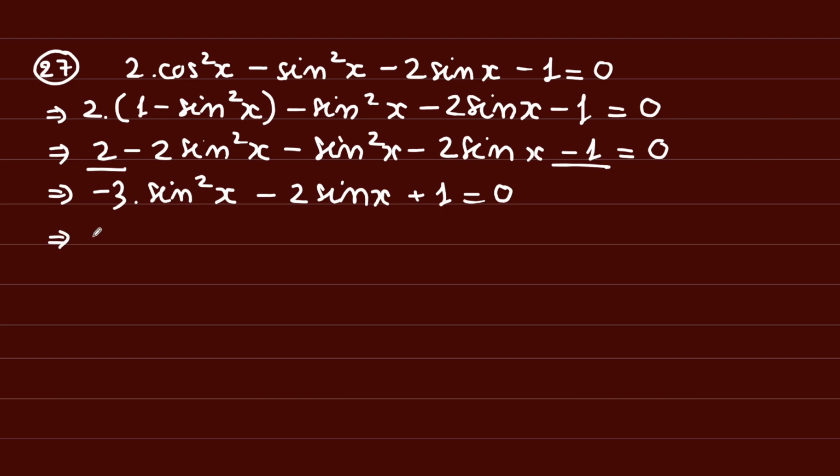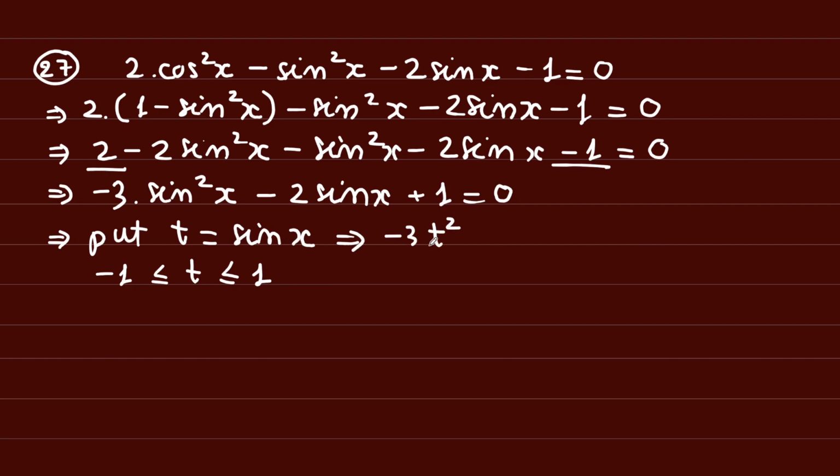So based on this one, I can put t equal to sine x, and the interval for t will be like this. Okay, after substituting sine x equal to t, you got the new equation: minus 3t squared minus 2 times t plus 1 equal to 0.